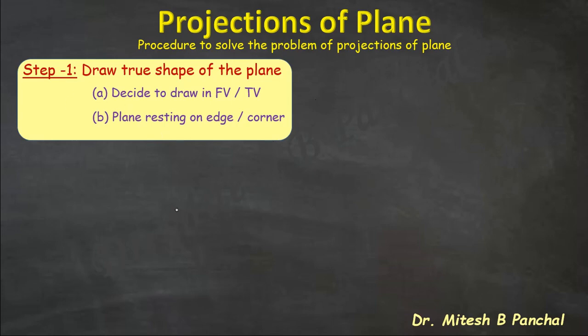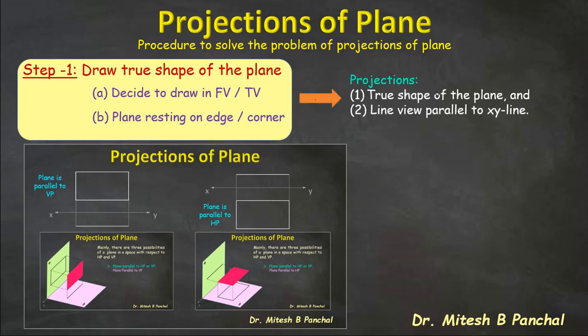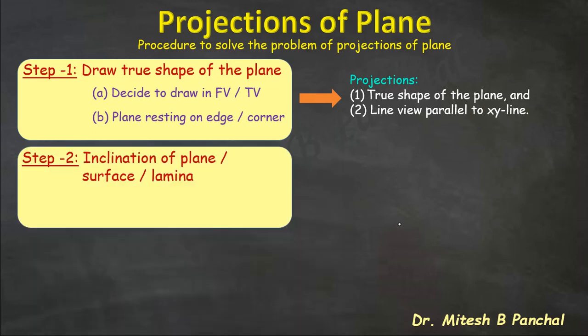So that is the first step. Okay. So we know that the two answers of the first step are nothing but the true shape and line view, whether plane is parallel to HP or parallel to VP. So projections or the answers are true shape of the plane, and second projection is the line view, that is parallel to XY or on XY line.